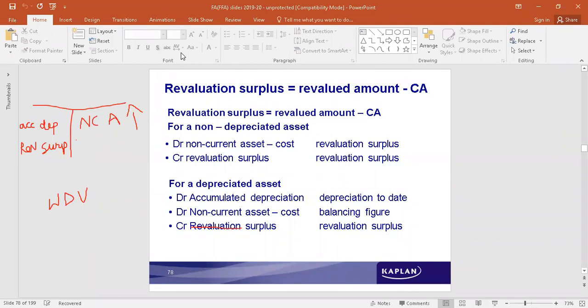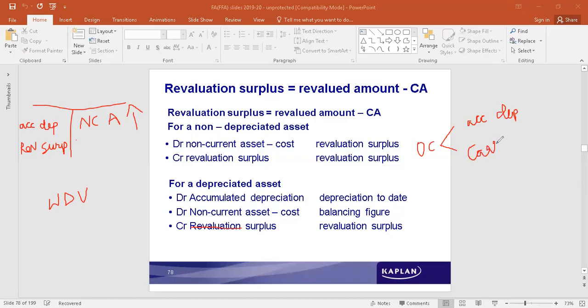When there is depreciation, the original cost of the asset is split into two parts: accumulated depreciation and the written down value, or carrying value of the asset.